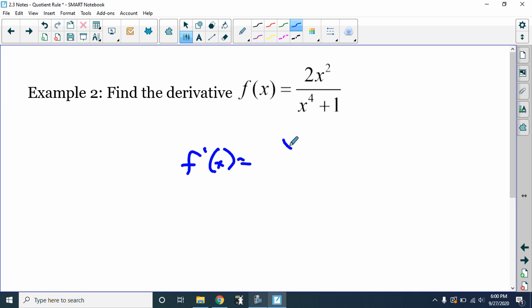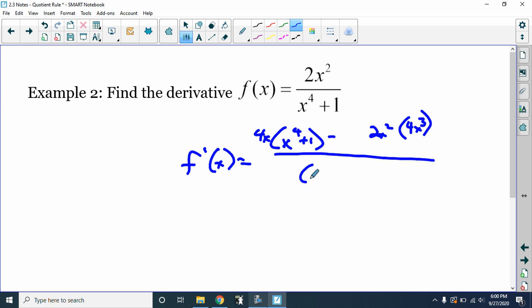So bottom times the derivative of the top, minus the top times the derivative of the bottom. Square the bottom and away you go. Distribute.